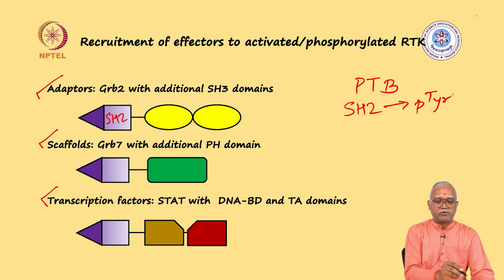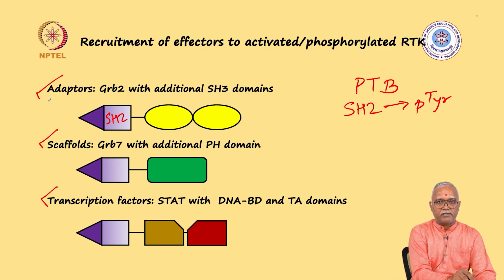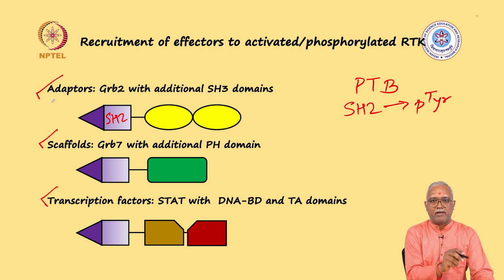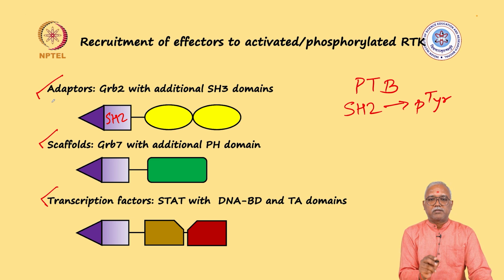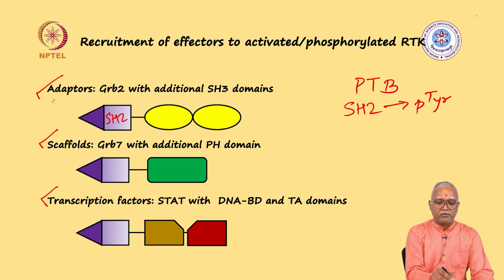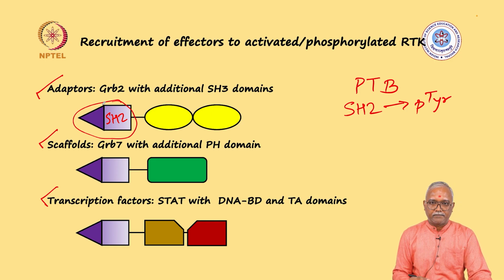Since they are working downstream of the receptor tyrosine kinase which is activated, and one of the first things upon activation that happens to the receptor is autophosphorylation, generating phosphotyrosine, any signaling to move forward must utilize these domain containing proteins to take signaling forward.